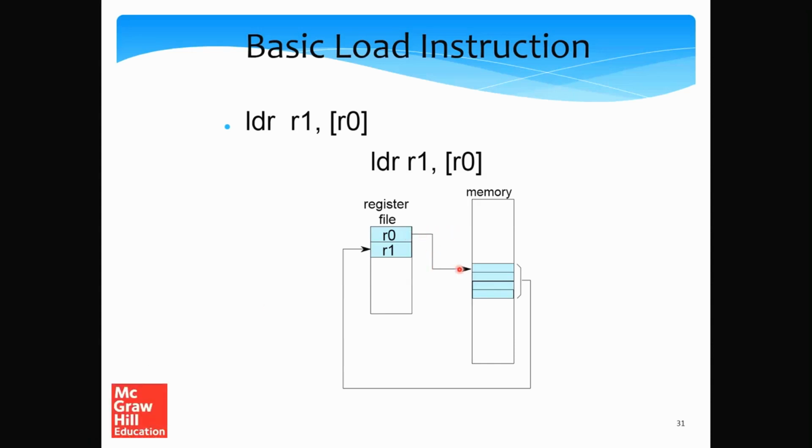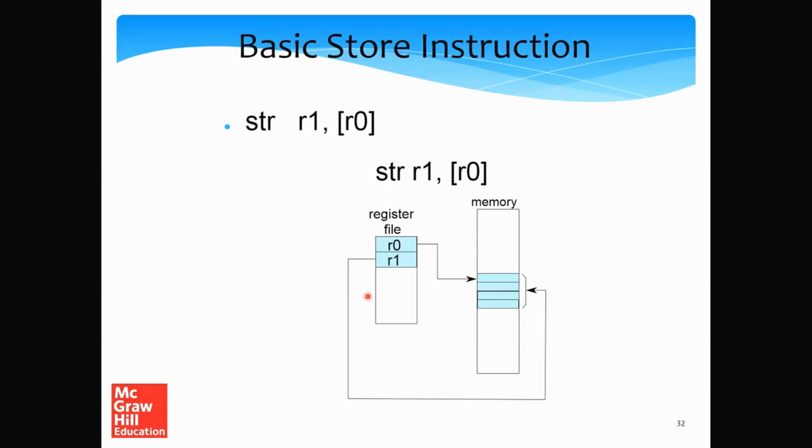We access memory, read 4 bytes and save it in R1. Exactly the same as simple RISC. Similarly, the store instruction works in a very similar fashion. Here the idea is that instead of reading from memory, we write to memory. The address is contained in R0. So we use the address to access memory. Then we take the contents of R1 and store it in memory.